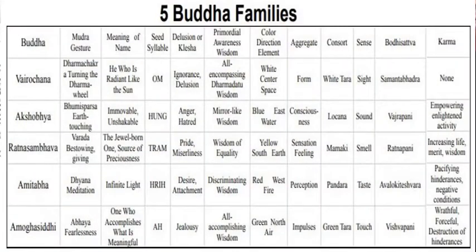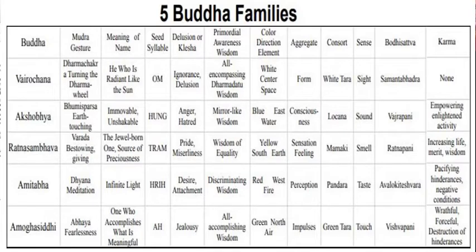So I have a chart here that I'm going to bring up. We have here Vairocana, Akshobhya, Ratna Sambhava, Amitabha, Amoghasiddhi. These are the heads of the five Buddha families. Frequently, they're called Dhyani Buddhas.